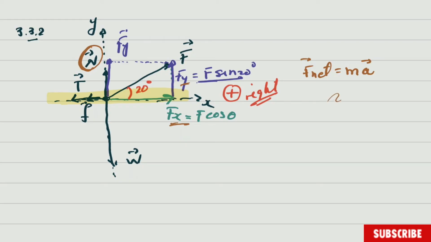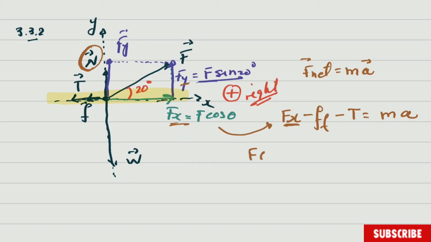Therefore, all the forces pointing to the right will be positive, which is, for instance, Fx, and all the forces pointing to the left will be negative, which in this case are the frictional force and tension, and this is equal to mass multiplied by the acceleration. So if we substitute, we don't have this Fx, but we know how to calculate it. All we have to do is substitute it there, or you can calculate it here and then calculate later, but I think we can substitute.